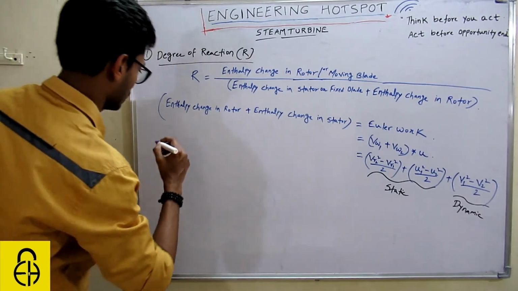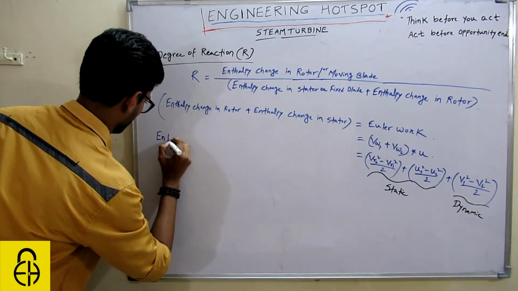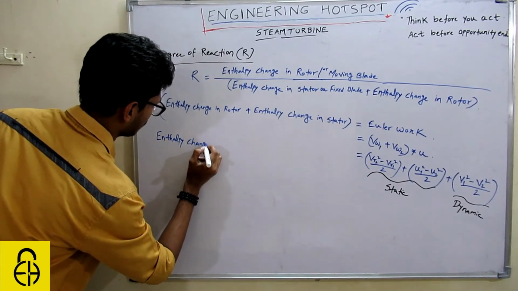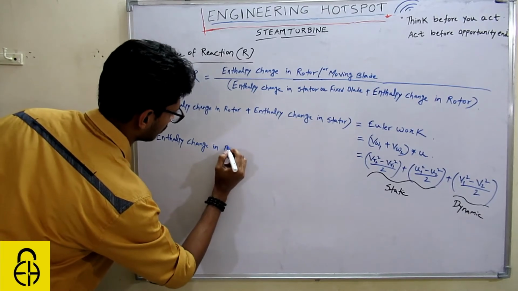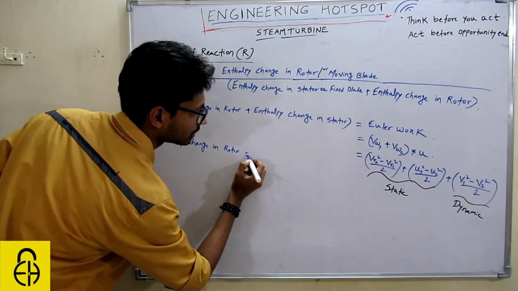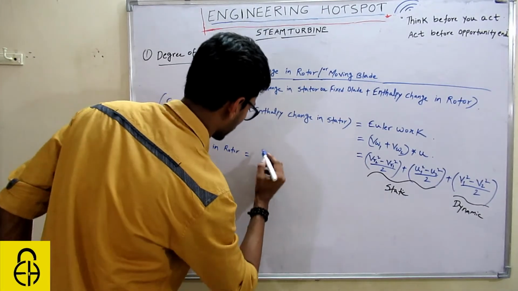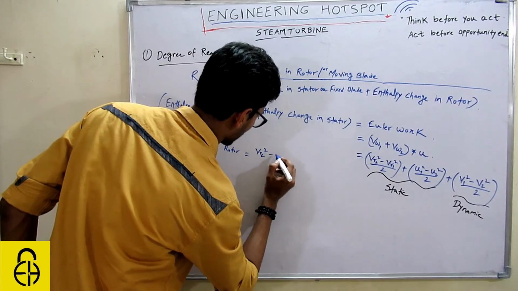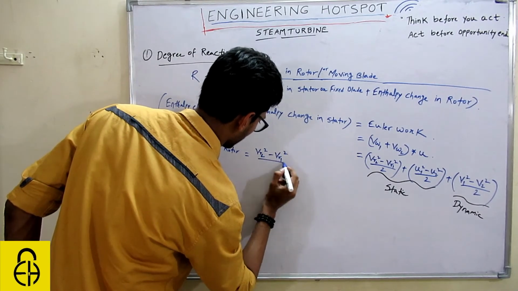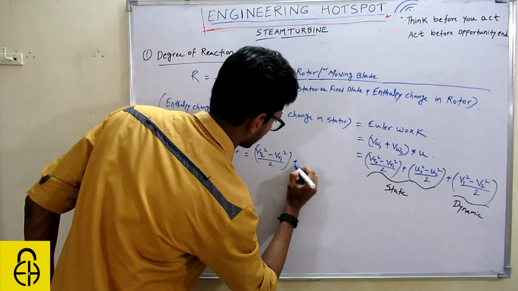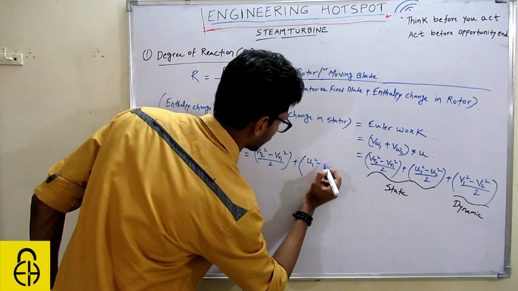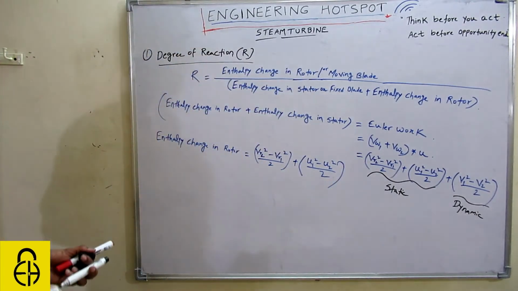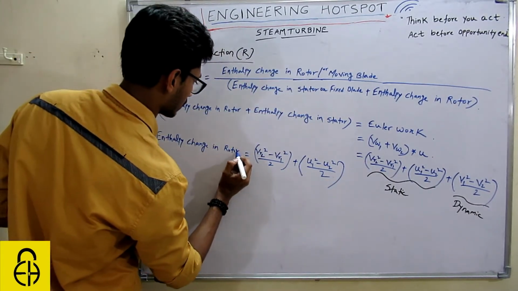Enthalpy change in rotor is basically this static part. So this will be VR2 square minus VR1 square by 2 plus U1 square minus U2 square by 2. This is the enthalpy change in the rotor section.